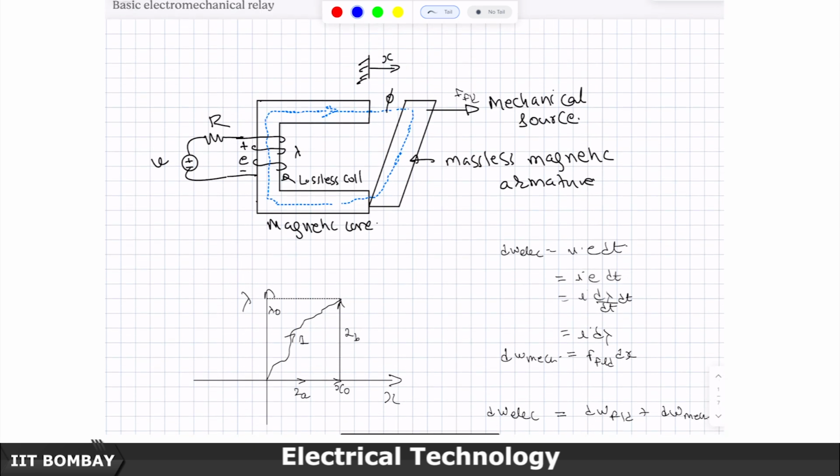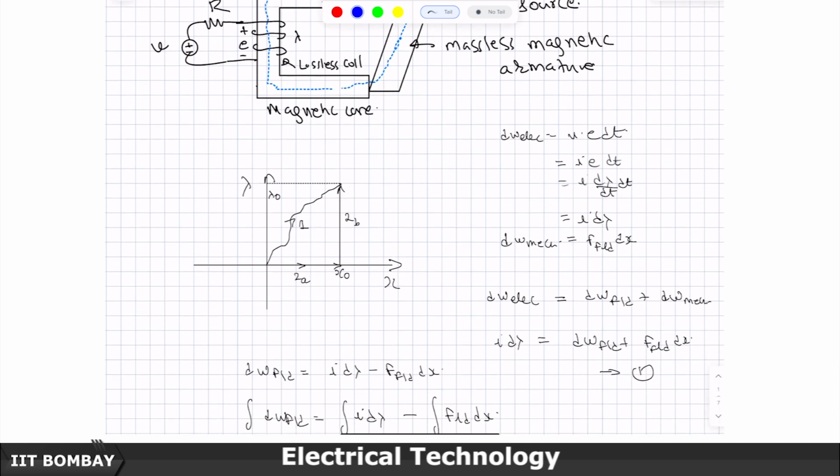Now, if F_ld is the mechanical source which is applied and the movement is dx, then the mechanical work done will be F_ld times dx.